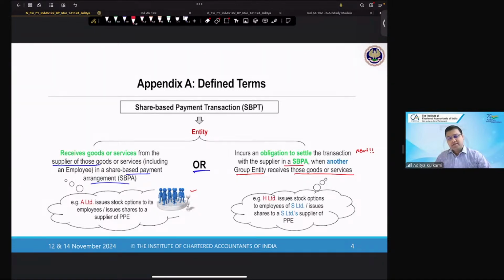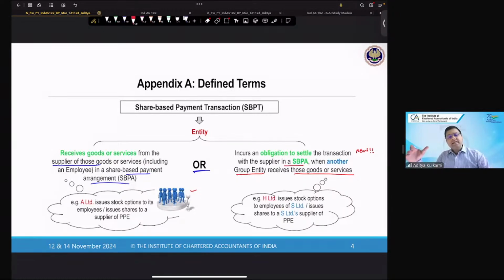So Tata Sons tells, all right, you work for us, and as a compensation, we will offer you shares in our subsidiary Tata Consultancy Services, which is a listed entity. So services are provided in Tata Sons, but shares are coming from Tata Consultancy Services. So the group is receiving the services.